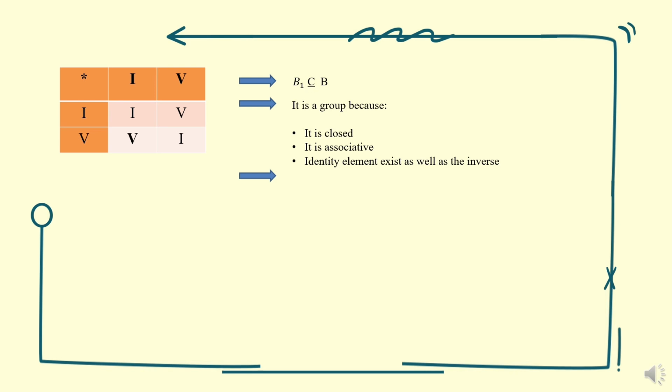That's why the inverse of 1 is itself, and the inverse of 5 is itself, because Roman numeral 1 lies on the diagonal in this subgroup. I hope you get it. So B1 has the same binary operation star as B. Yes.